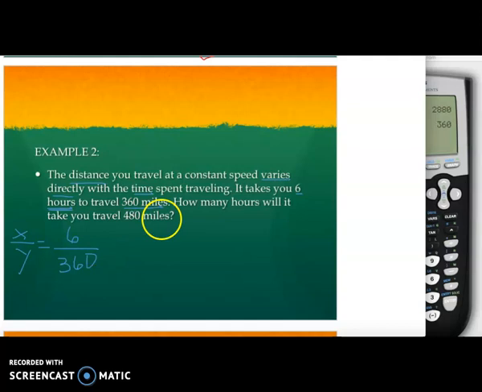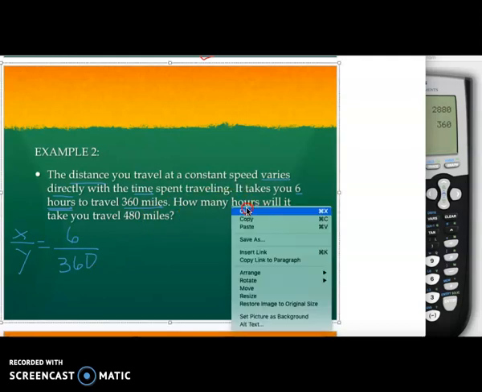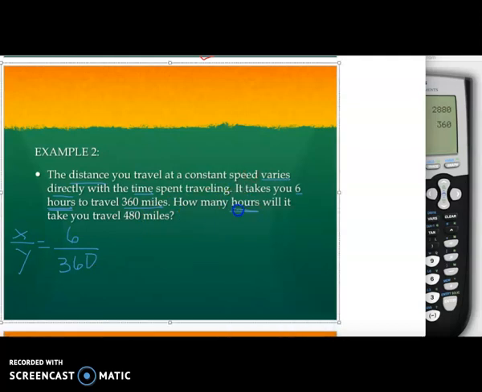Here's our first proportion. But it's asking us how many hours will it take you to travel 480 miles? So this time, it's asking us to solve for x, because x is time, and we're trying to find how many hours it takes us to travel 480 miles. So look, it's the exact same kind of proportion.